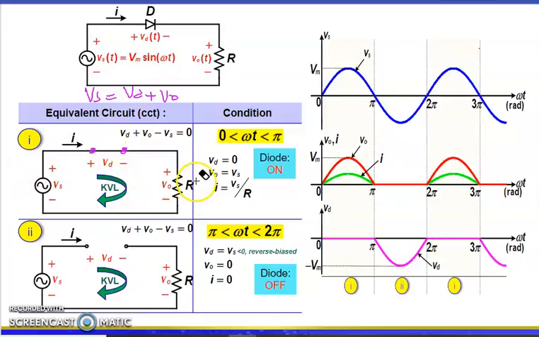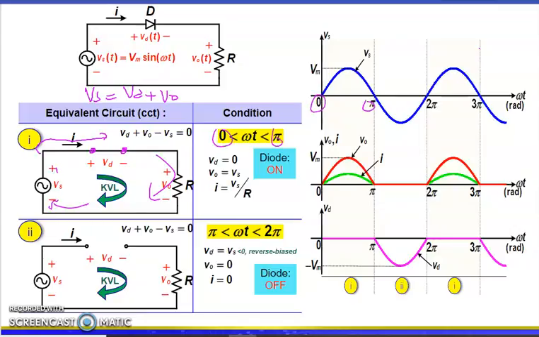So this is forward bias. During forward bias, what happens? The voltage drop across the diode is 0. You can see the equivalent circuit and the condition. The condition is that this positive cycle happens from 0 to pi.